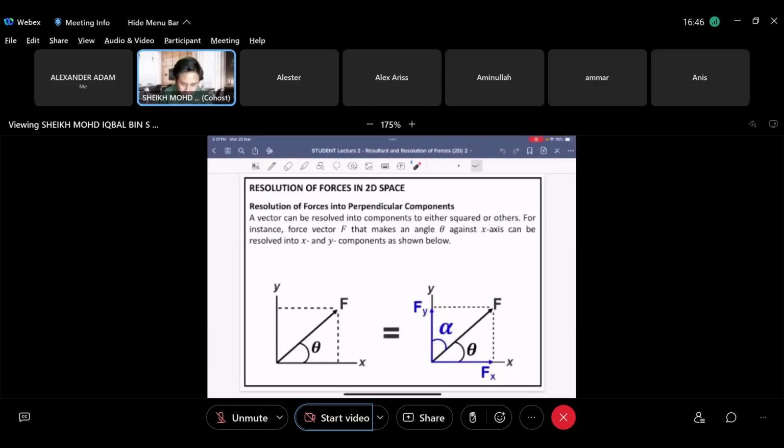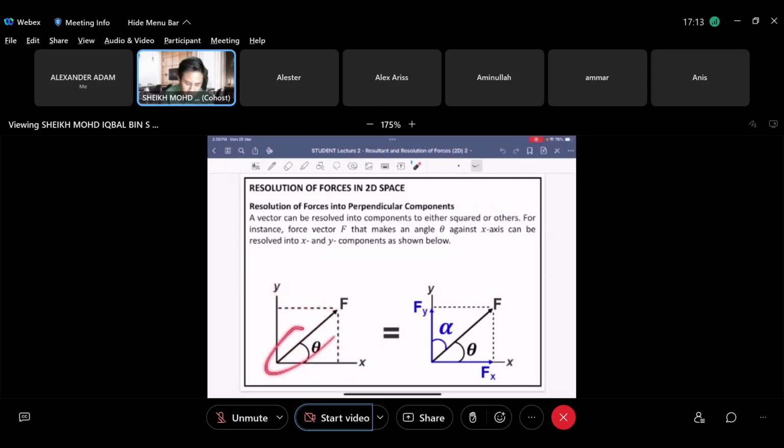We try to do the easier one first, which is perpendicular, 90-degree. You have one resultant force here. You just make one big box from the resultant force, and this will be your Fy and this will be your Fx.